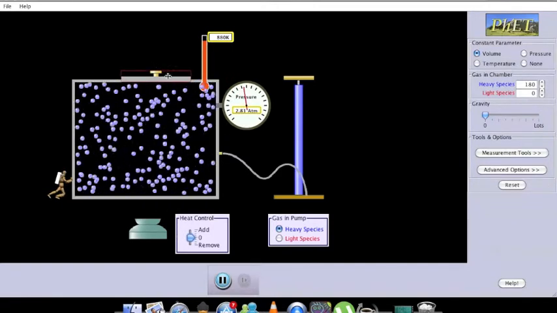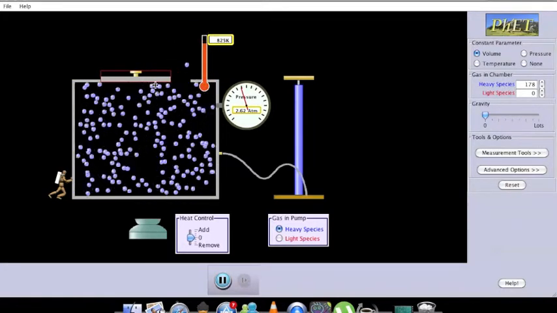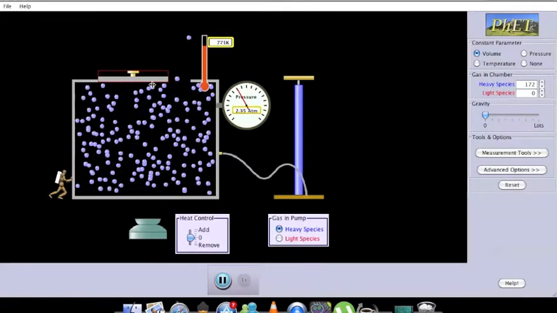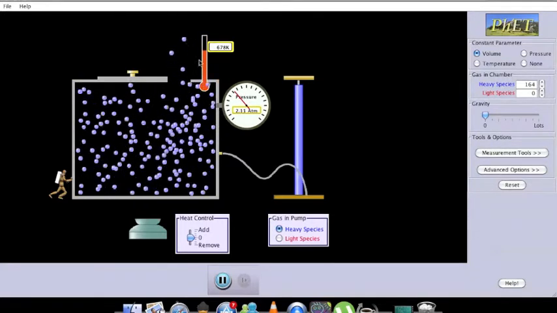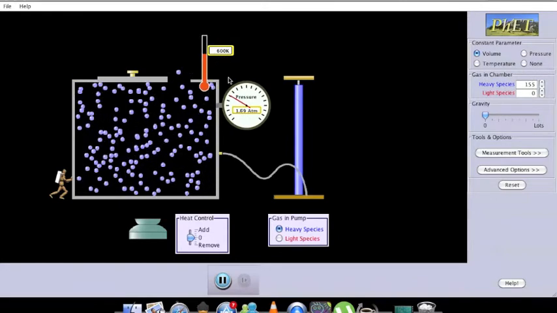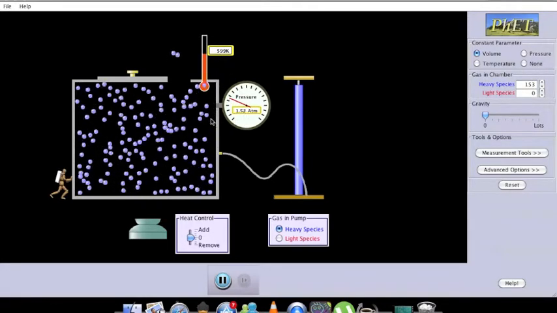So you can see here, have a look. As soon as I'm releasing this, particles are moving out. The pressure is decreasing, there's a decrease in pressure, and so there's a decrease in temperature. As pressure decreases, temperature decreases.